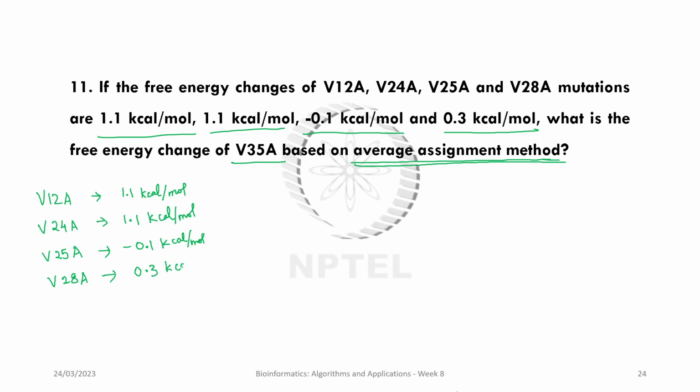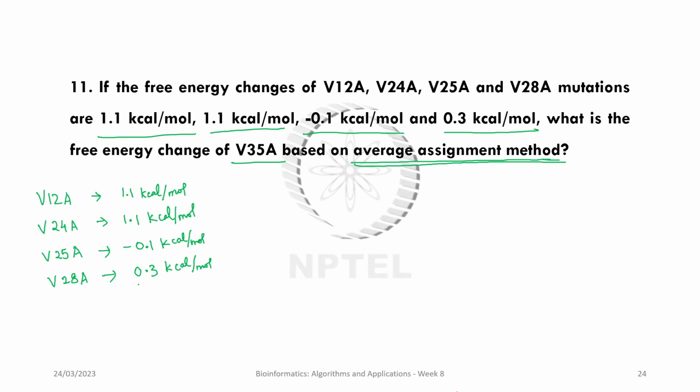Any answers? So for this question, don't overthink so much. Just take an average of all residues and arrive at an average value. So for average assignment method, what do you generally do?